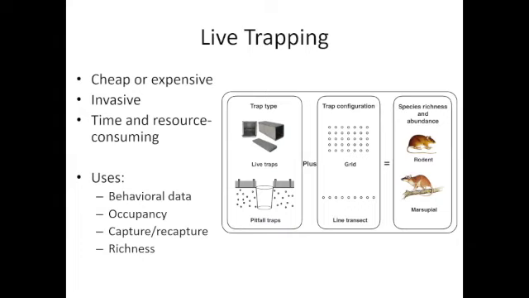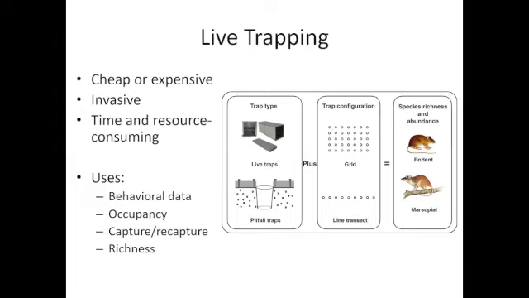Okay, live trapping is obviously a little bit more invasive depending on how you handle the animals that you're trapping, and it is time and resource consuming, right? For me, it's a little bit more difficult because you have to wake up super early to check the traps. It's not this passive sampling like with the camera traps.